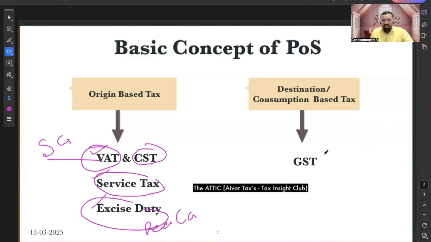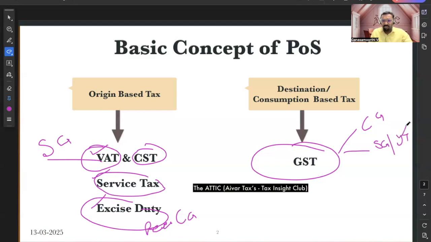In GST, it is a revenue of the state government and the central government also. I'm not going to discuss the UT; we may consider it as a state government. So GST is a combination of state revenue and central revenue. This is the reason why place of supply is very important.